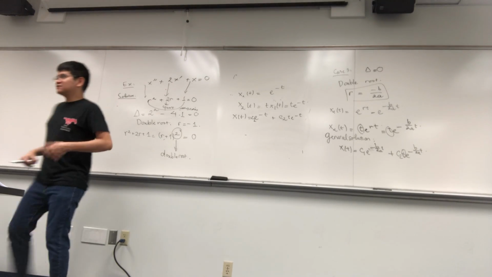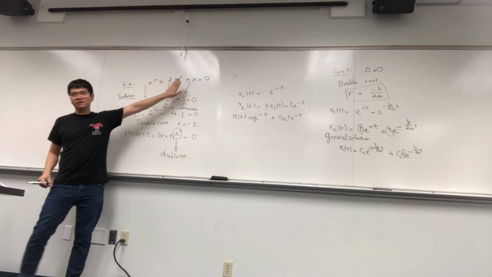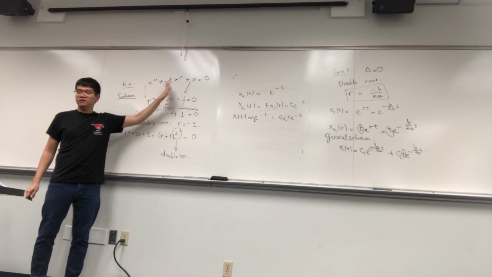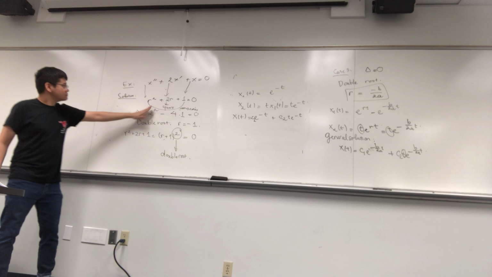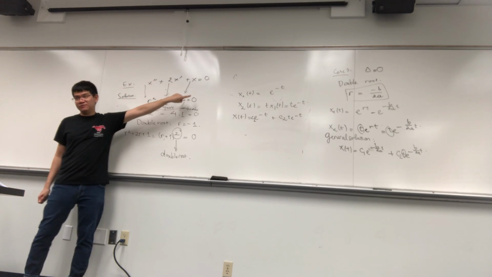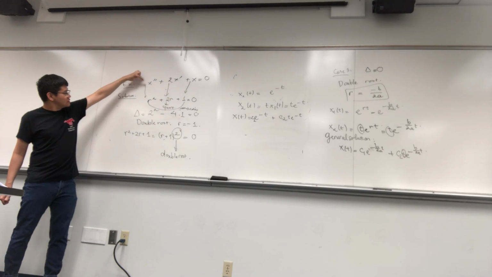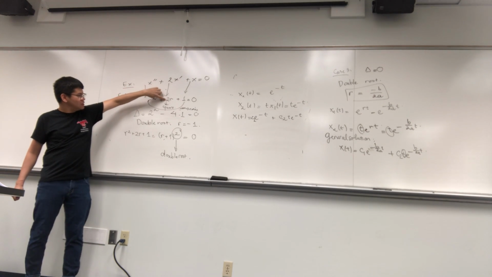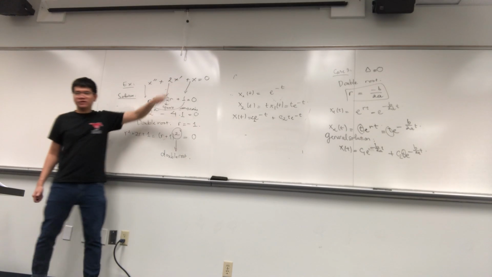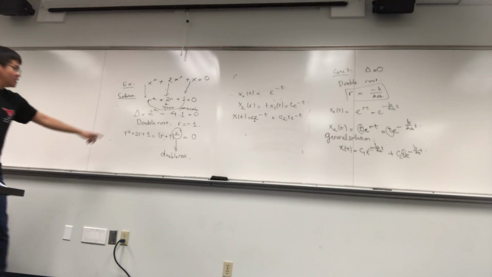I explain again. This is a homogeneous second order differential equation with constant coefficient. So you write out the characteristic equation. The one here will be projected to r squared, the two here will be projected to r, and the one here is projected to 1.